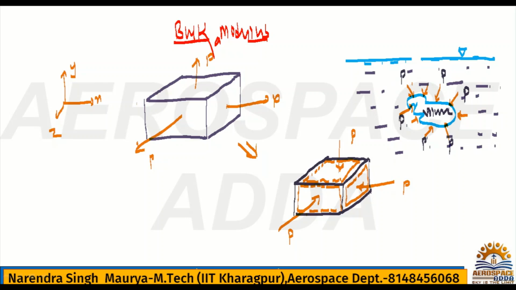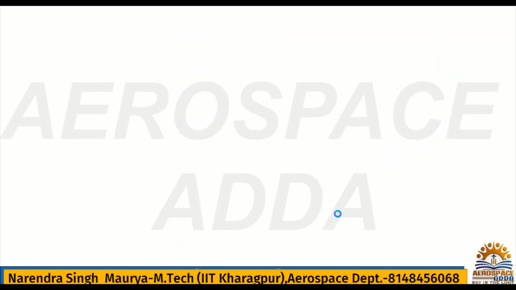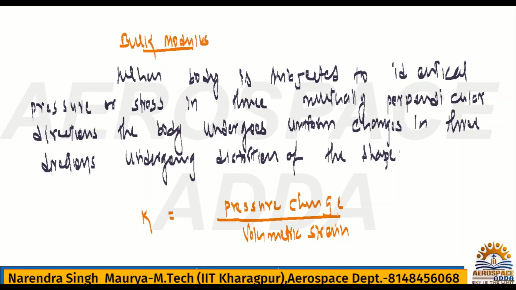But here it is elongation, so this size increases. I can show the size has now increased here, like this, everywhere, because it's a tensile load, and this is the compressive load, so size has decreased. So for the complete body, if you check, you will get volumetric strain, because all dimensions will be changed as per the load.